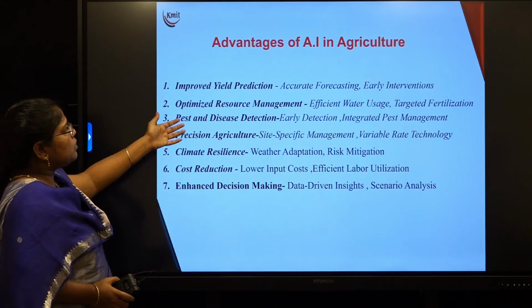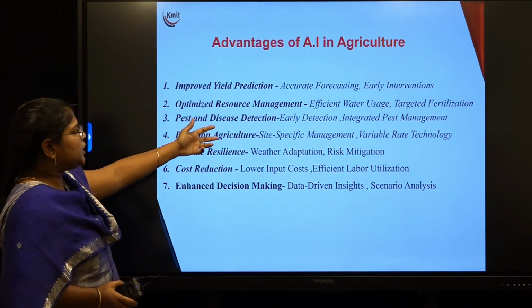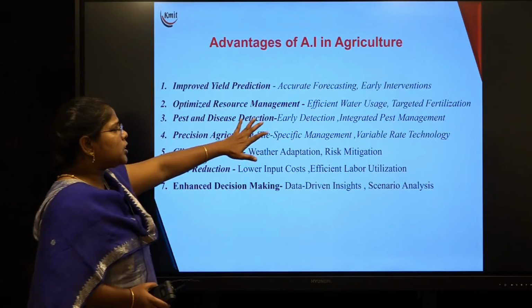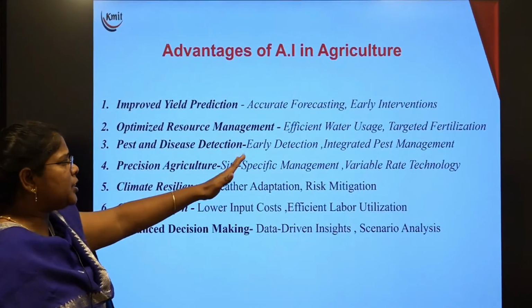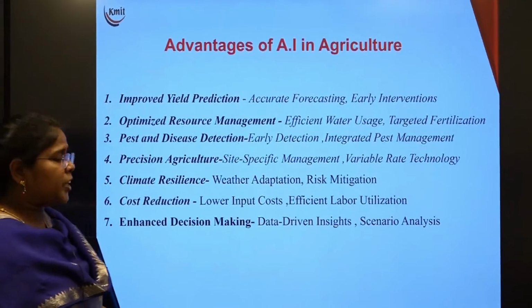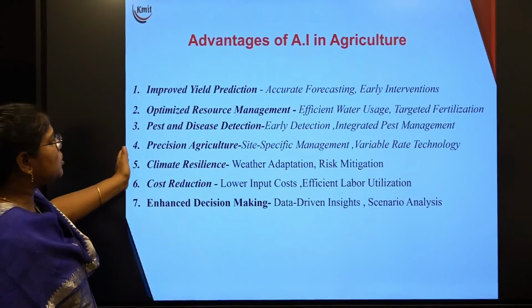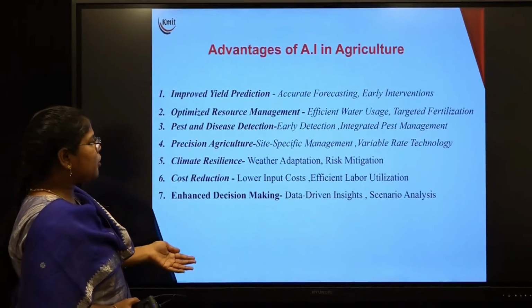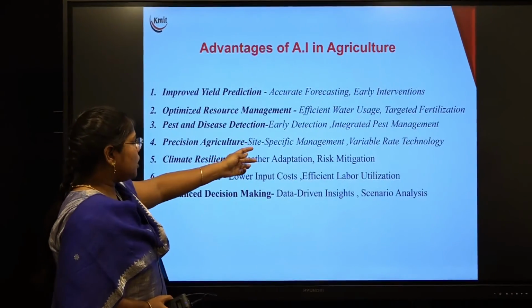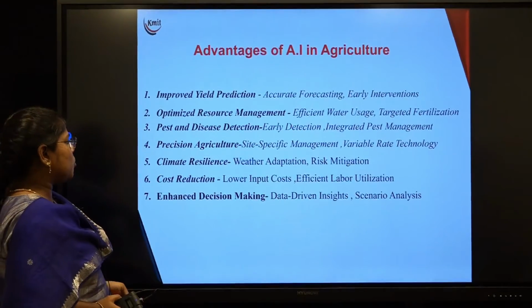Next, in AI for agriculture, the advantage is pest and disease detection. At the early stage itself, it has to detect the disease or integrate pest management into the system. Precision agriculture improves the quality of the model, with site-specific management systems or variable rate technology.